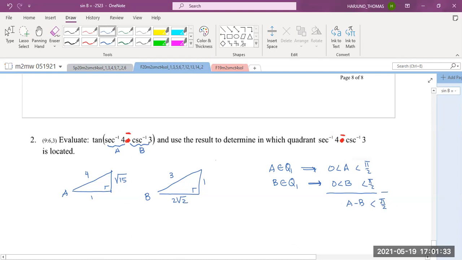On the other hand, the minimum will be when you minimize the A and maximize the B. That will be negative pi over 2. So this comes from 0 minus pi over 2. Okay, while this one here, to get the minimum, you minimize the A and you maximize the B.